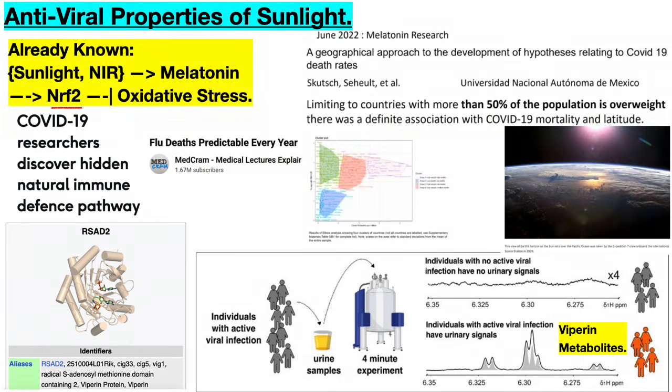And what is already known is that sunlight, particularly near-infrared wavelengths, stimulate melatonin. And melatonin upregulates the anti-oxidation, anti-inflammatory transcription factor, NRF2, which suppresses oxidative stress and reactive oxygen species, which are very damaging and can produce cell death by inducing ferroptosis.